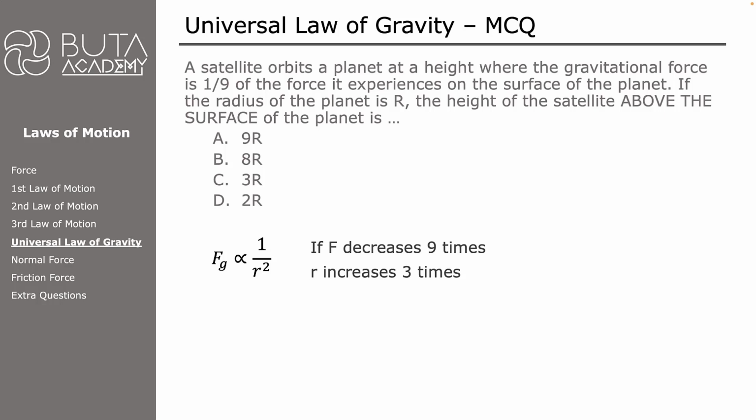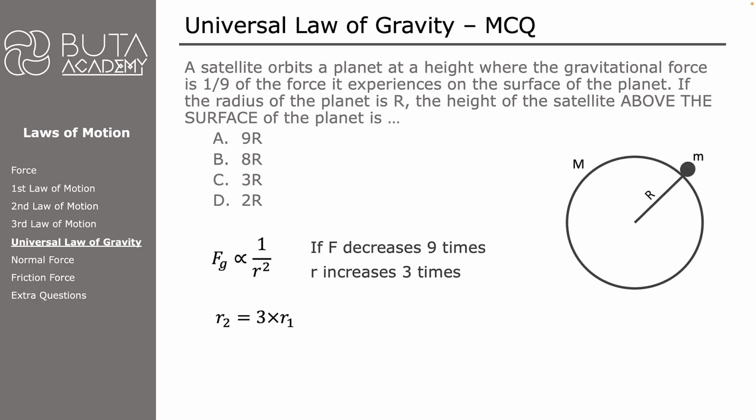You must be aware that the answer of 3r we have calculated is the ratio showing us how many times the total distance has increased. But the question is to calculate the height above the surface. When the satellite is on the surface of the planet, the distance r1 is equal to the radius of the planet. When the satellite orbits around the planet, it is a distance h from the surface.